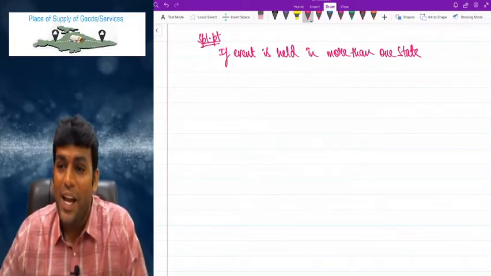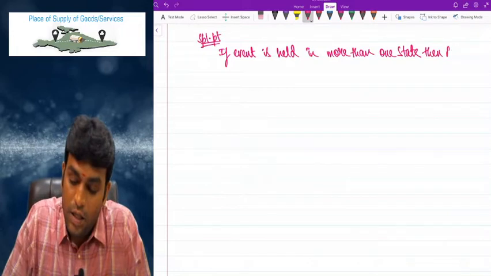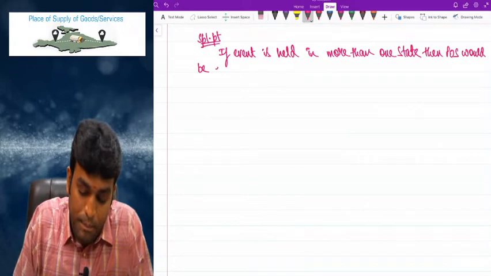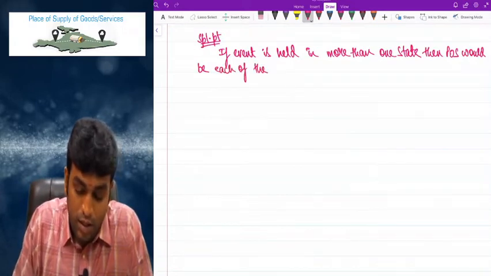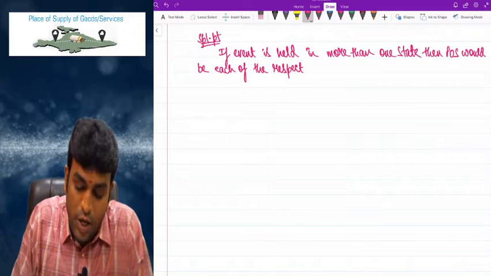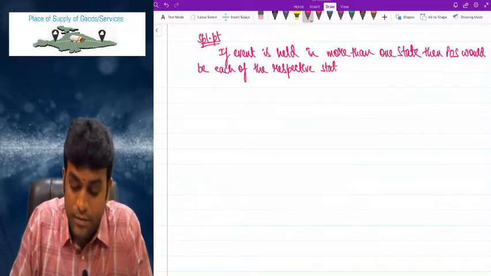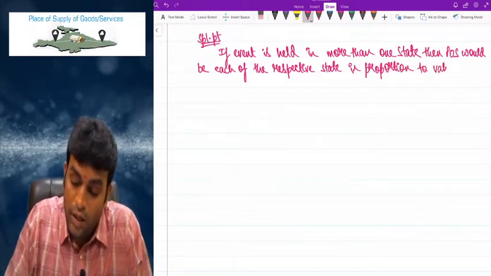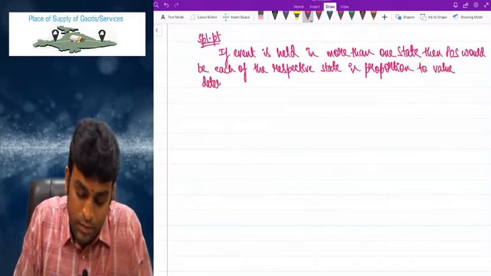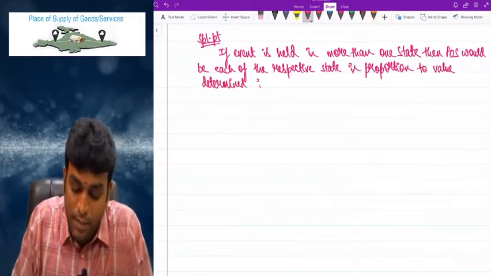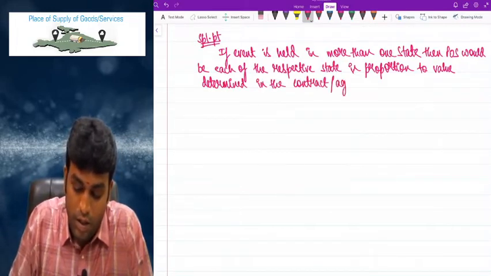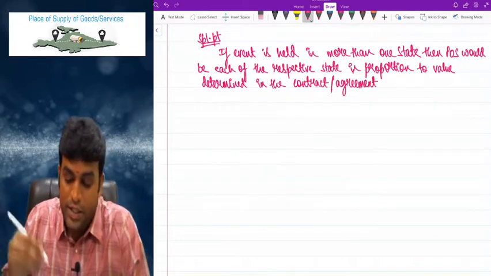If the event is held in more than one state, then POS would be each of the respective states in proportion to the value determined in the contract or agreement.